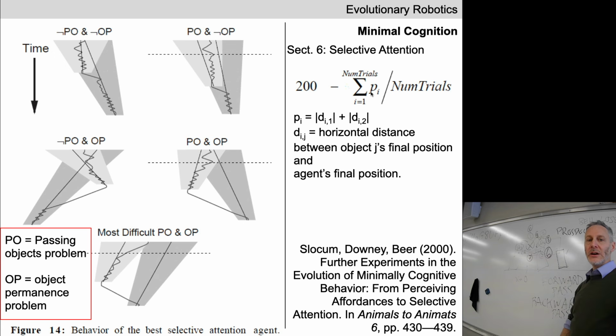Absolutely, right? The fitness function here is only rewarding CTRNNs that are there when it hits. You could change it to reward for being as close as possible for as long as possible. And then it would be interesting to see whether you get trajectories like this at the end or something different.